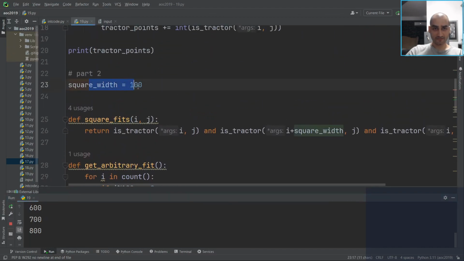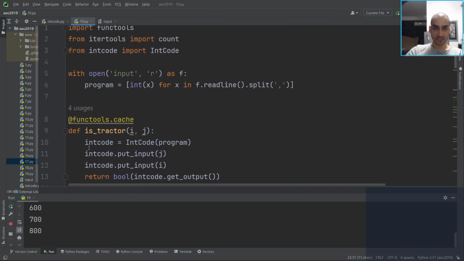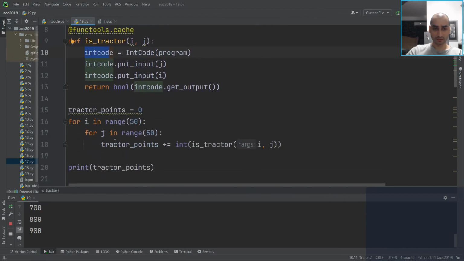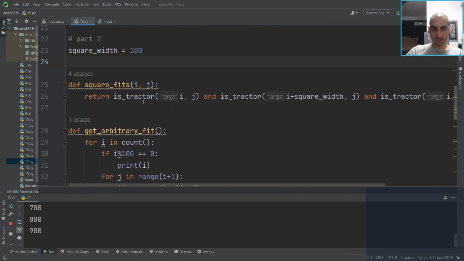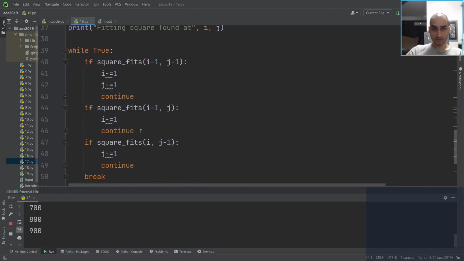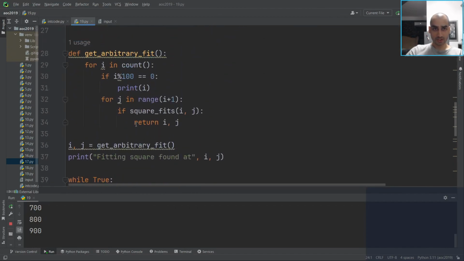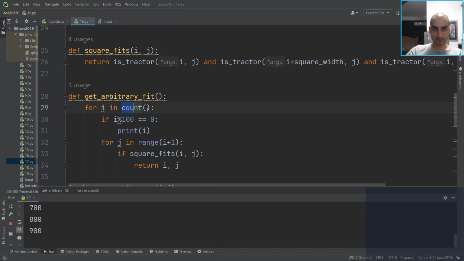But we're caching the values of the int code so that it only ever needs to be run once on each value. If I were to just put a count step equals 10, so that we're only counting every 10, that would actually get there quicker.